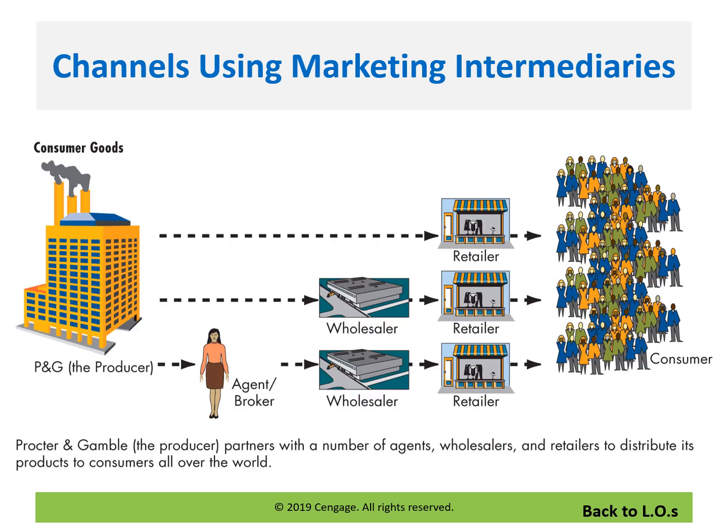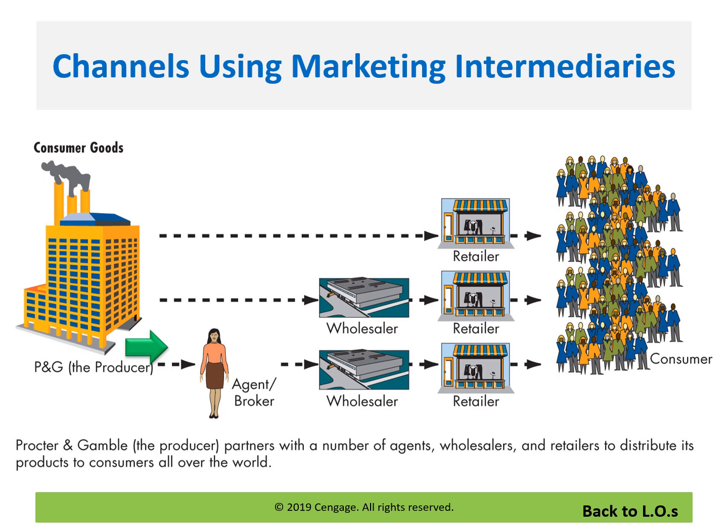Here are the different configurations of distribution channels using intermediaries. From the producer, products pass through the retailer and then to the customers. Another is from the producer, through the wholesalers, then the retailer, and then to the customers.